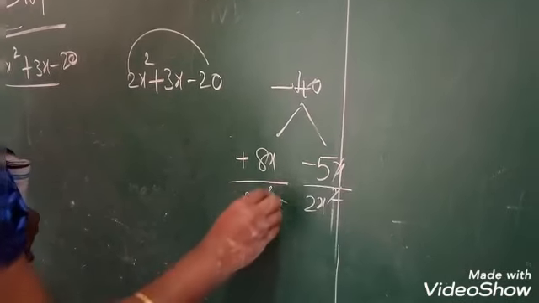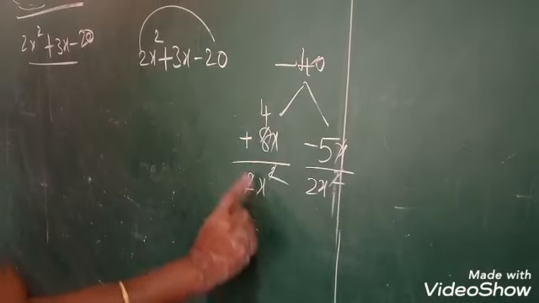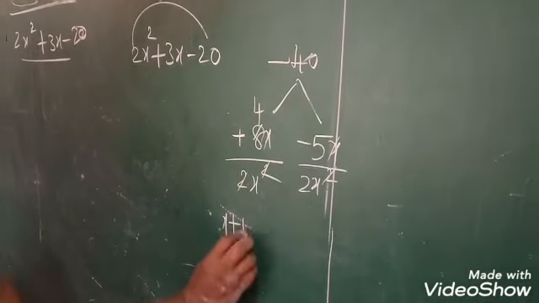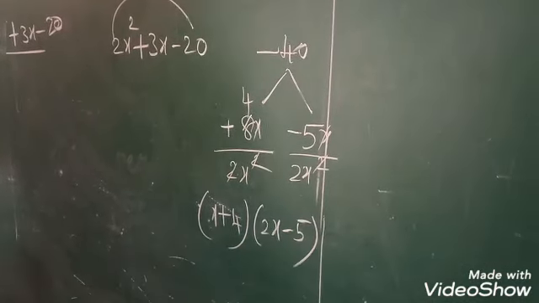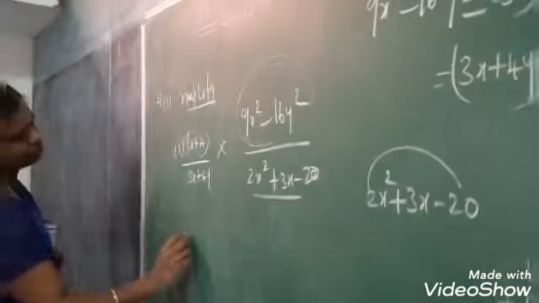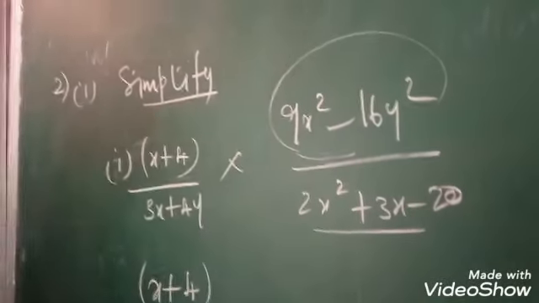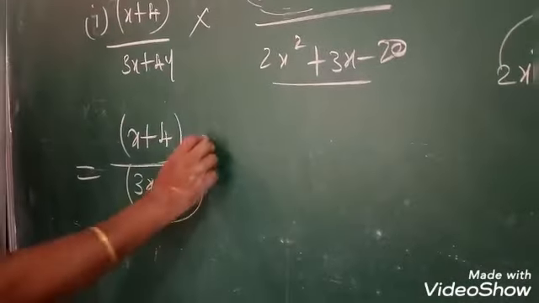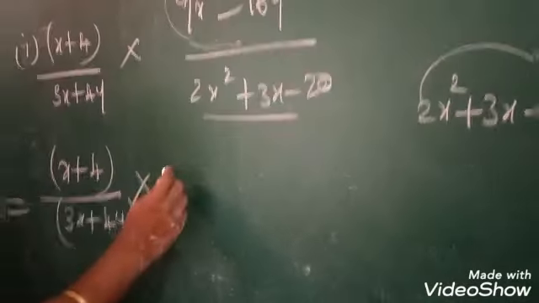Now you have to divide. Okay, 1 2 is 2, 4 2s are 8. Now the factor is x plus 4, one factor. Then another factor is 2x minus 5. Now you have to apply what we found. Now x plus 4 in the numerator, here 3x plus 4y in the denominator. Then the next rational expression you changed. What is 9x squared minus 16y squared?